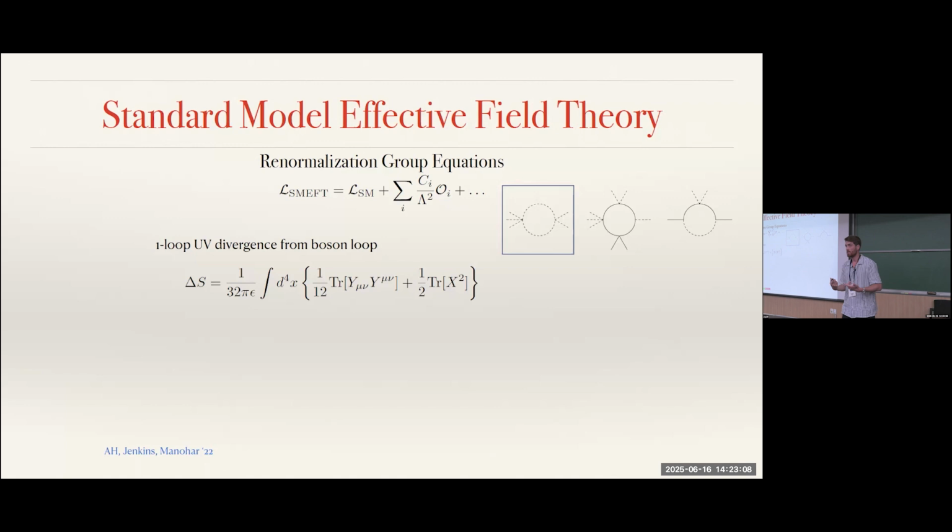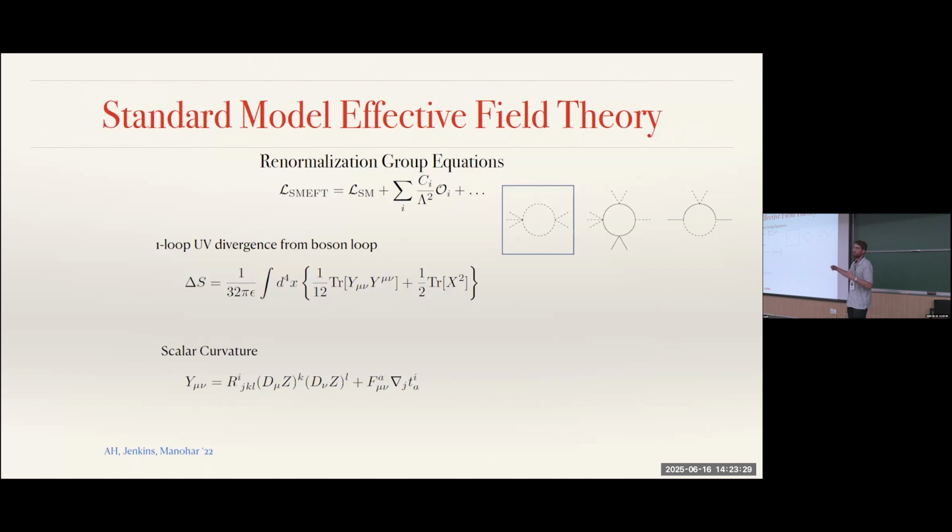Now, if you have an EFT, the exact same formula holds, but you have to upgrade your notion of this gauge field to also include the curvature. So the geometric extension of 't Hooft's formula is as follows.